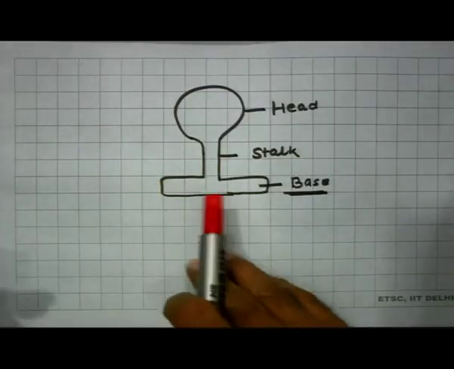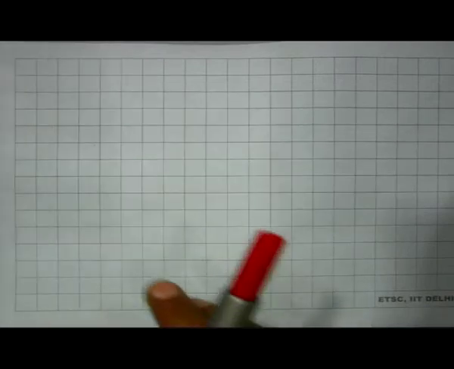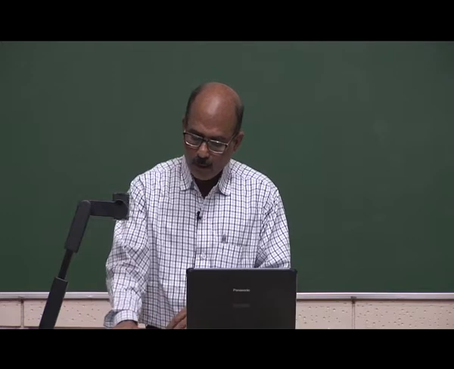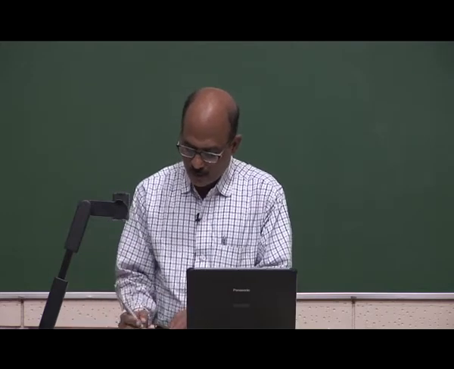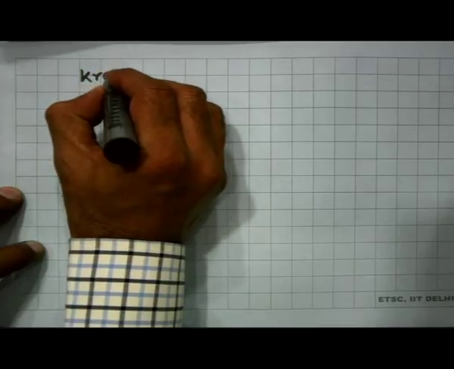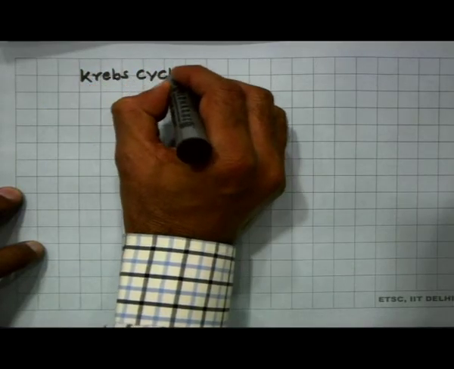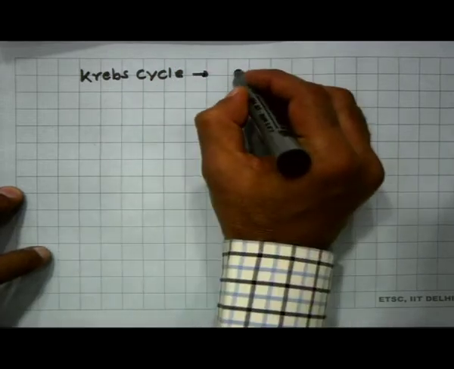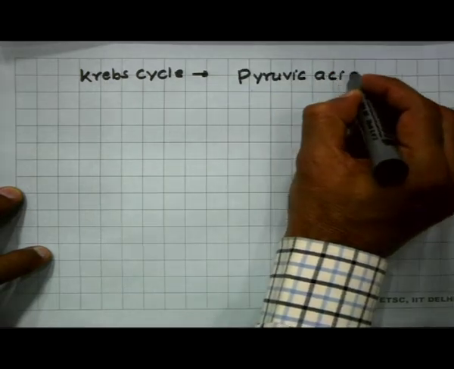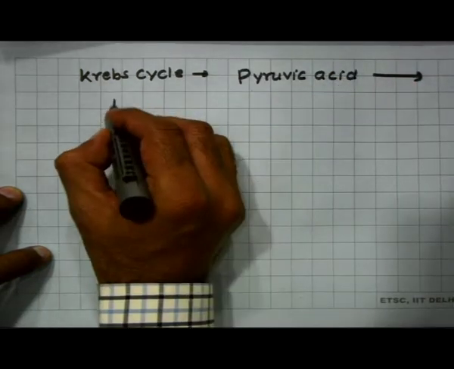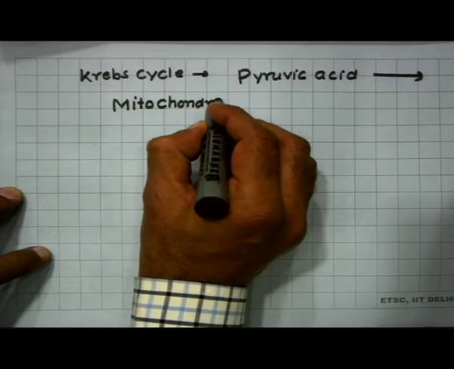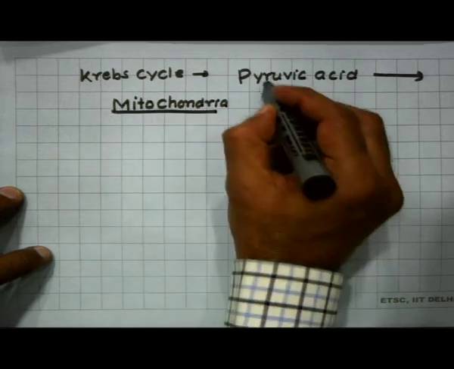Now, what is the fate of pyruvic acid in aerobic respiration? Before participating in the Krebs cycle, the pyruvic acid enters into the mitochondria, but not directly.